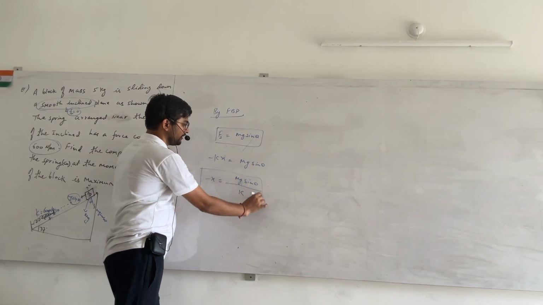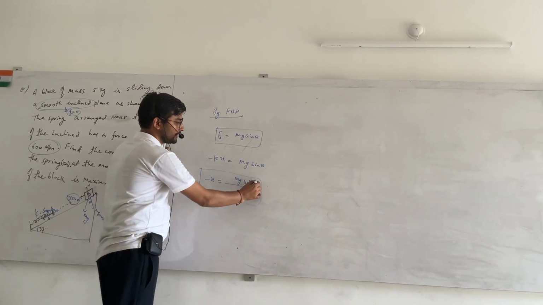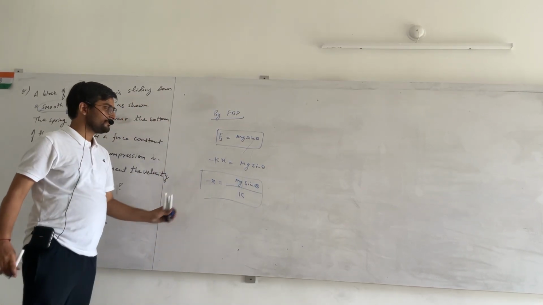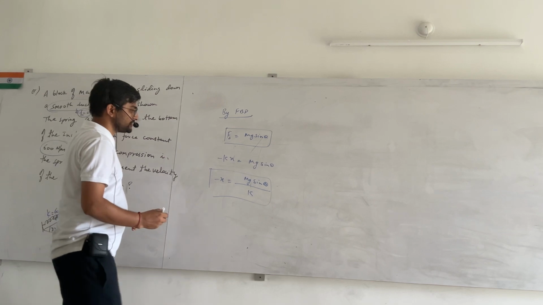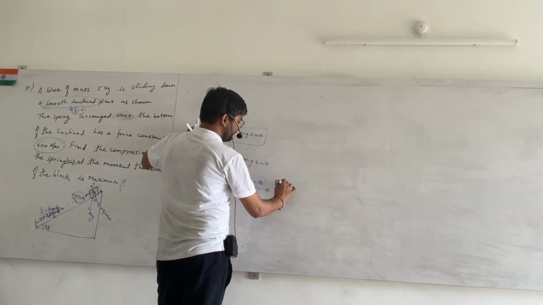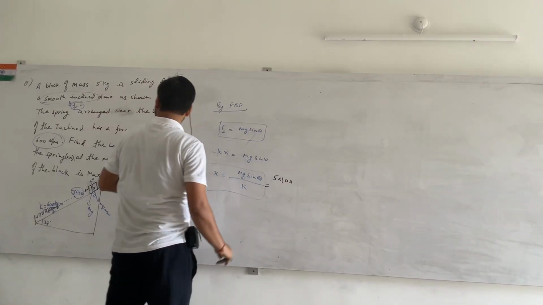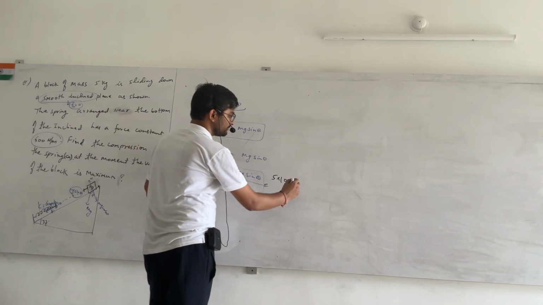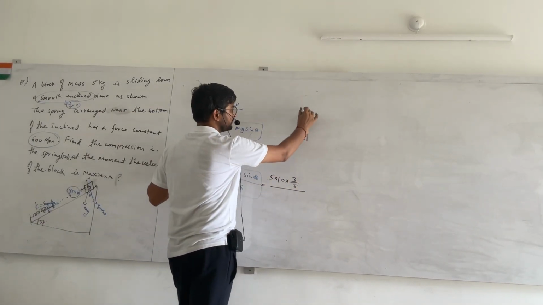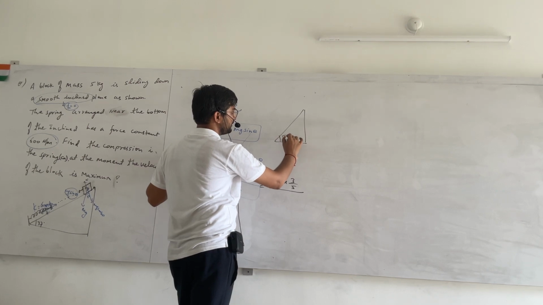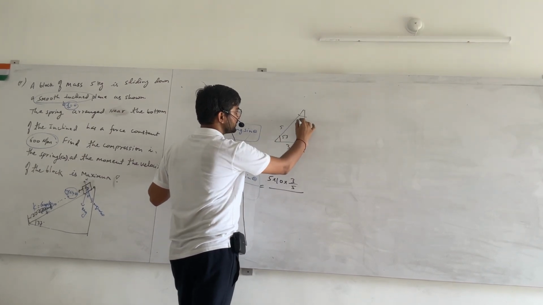This is the formula. If we solve by putting the values of mg sin theta here, divided by k, we get the answer. Now, according to the question, the mass is given as 5 kg, so we write 5 into 10. Now cos 37 is how much? 3 by 5, because we know this triangle: this is 53, that is 5 and 3, and this is 37, that is 4.